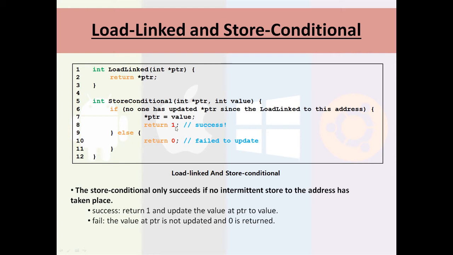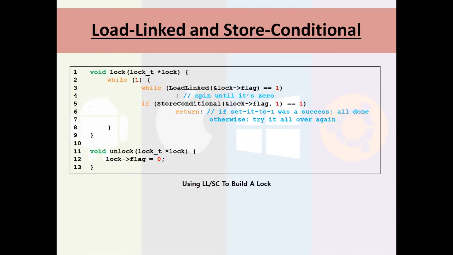If some other thread did update the pointer using load link, then I'll return false. I know it's a little bit confusing, but if you go through it slowly, that's one way of understanding it. It's to ensure that multiple threads can't acquire the lock at the same time.